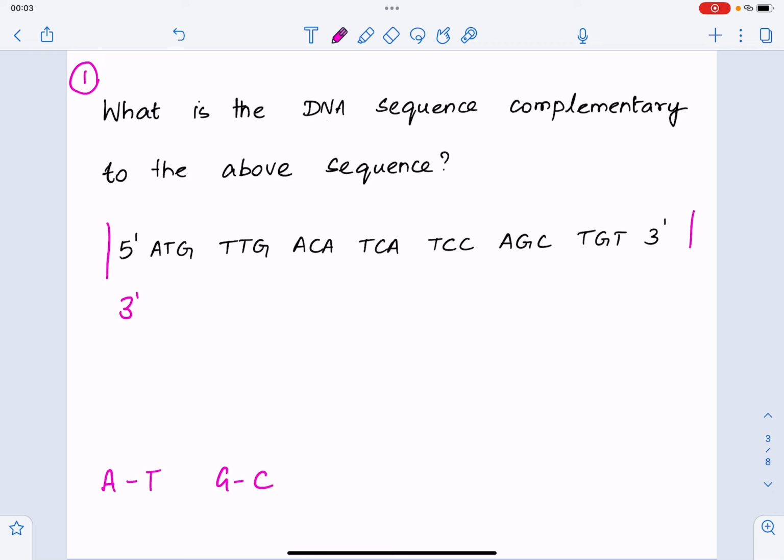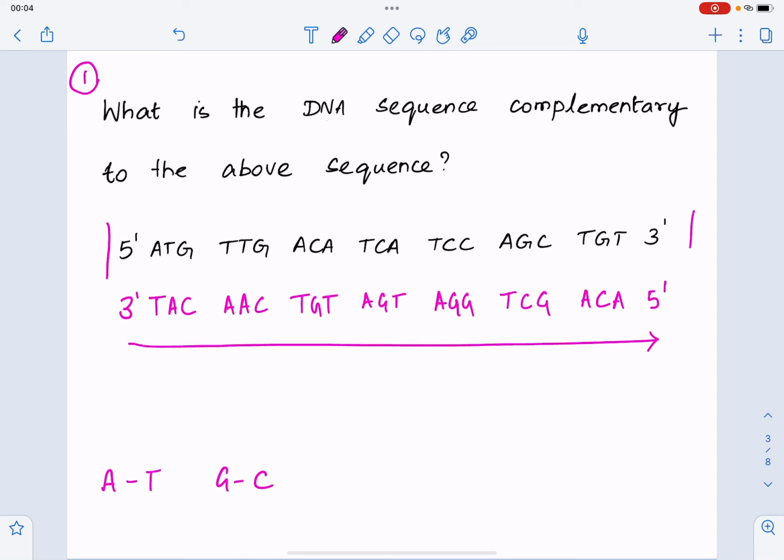A with T, T with A, T with A, G with C, A with T, followed by G, T, and then A, G, T, and then A, G, G, then T, C, G, after which A, C and A. So I have written this complementary sequence in the 3' to 5' direction.